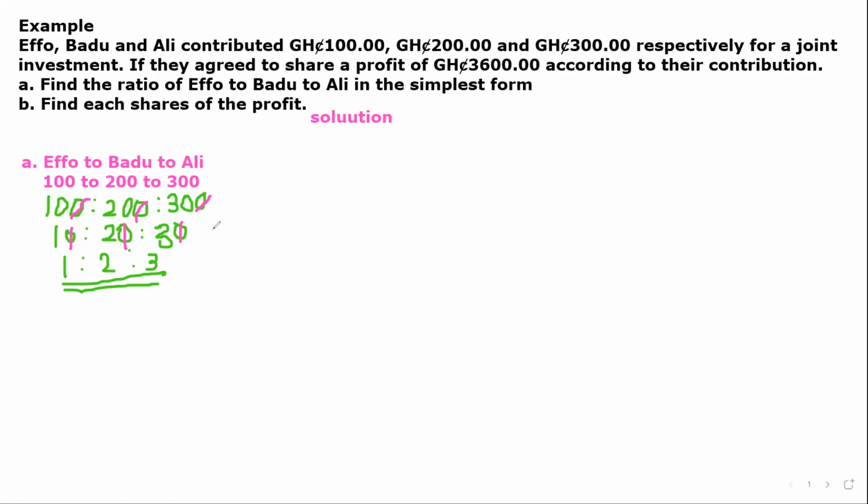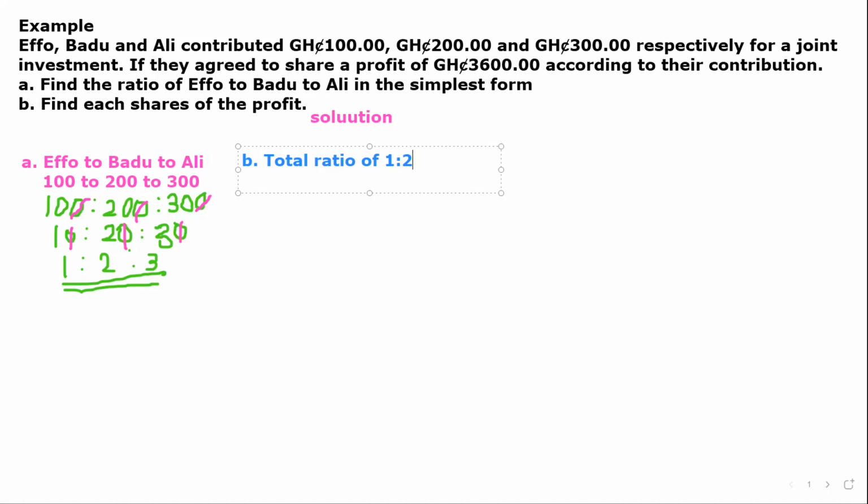Now, the B says find each share of the profits. That is the B. So we are going to find the total ratios first. Of 1 to 2 to 3.